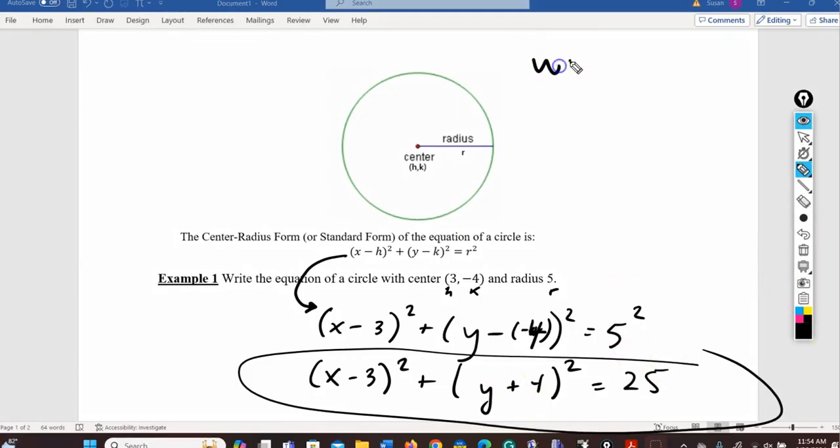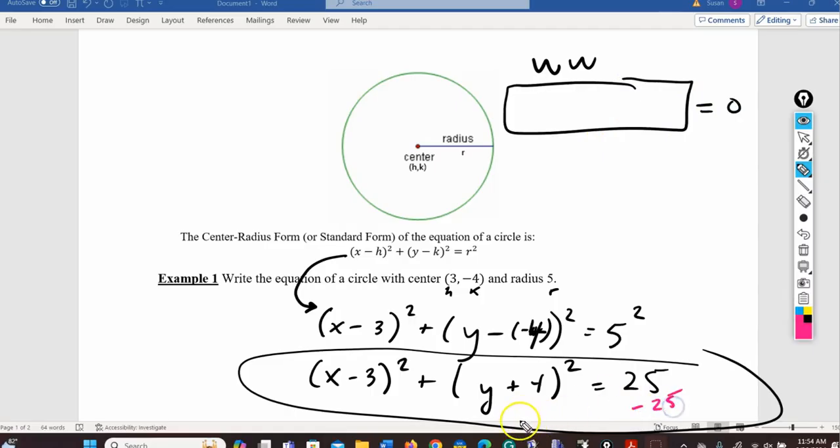So with the WebWork, they want you to put something over here in the box, and then they have equals 0. So if I subtract 25 from both sides, then I'll get the 0 here.